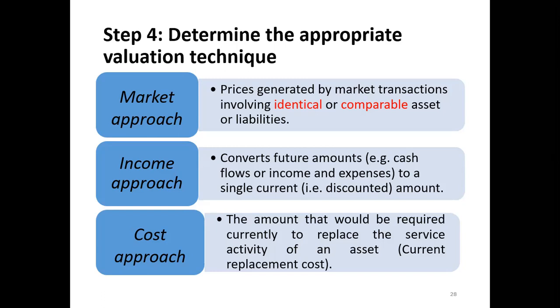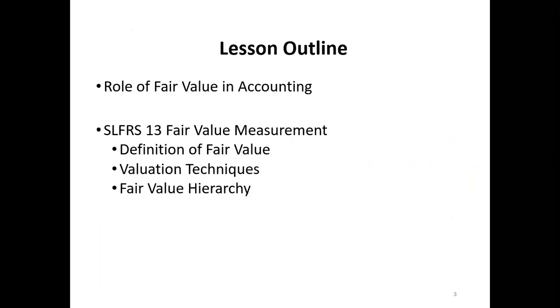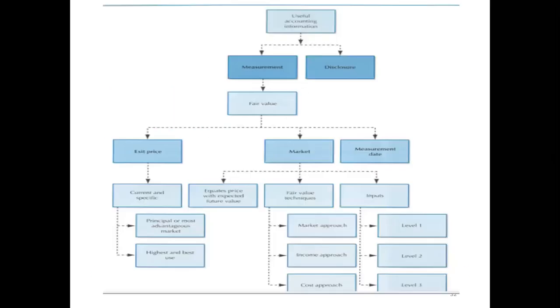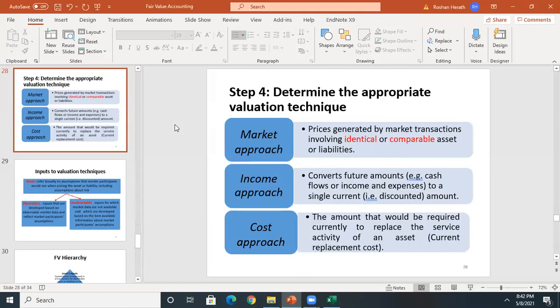That is going to be the income approach. It is more or less similar to the value in use that we discussed from the very beginning. But remember, though it is value in use, here we are taking a market orientation.